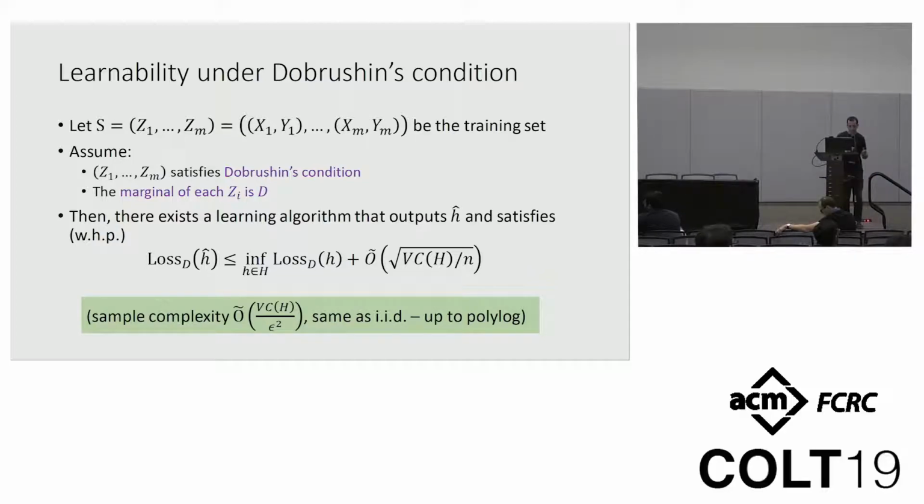The second simplifying assumption that we make is that each of the marginals is drawn from the same distribution, and we want to learn with respect to this distribution. What we show is that the sample complexity is nearly the same as the sample complexity for learning with respect to IID samples.